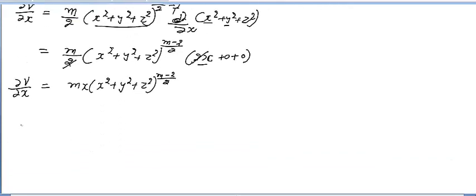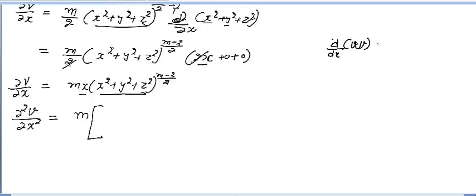Now we will find the double derivative of v with respect to x square, which means you will find one more derivative of this with respect to x. Student, m is constant, you can take it outside. You will consider this as u into v and use the product formula: u is outside, derivative of v, then v is outside, derivative of u.